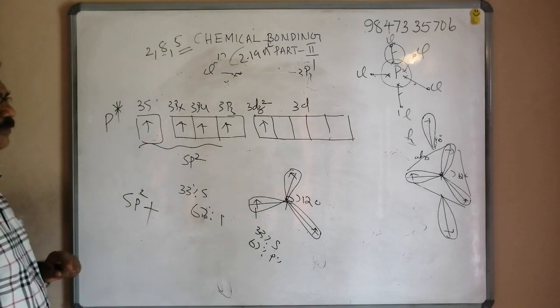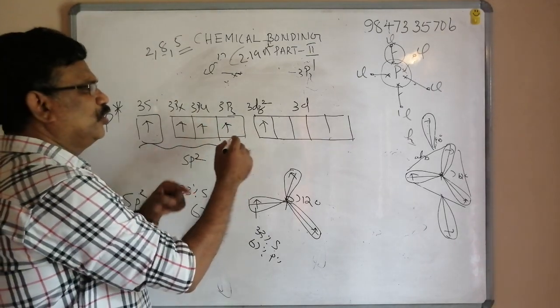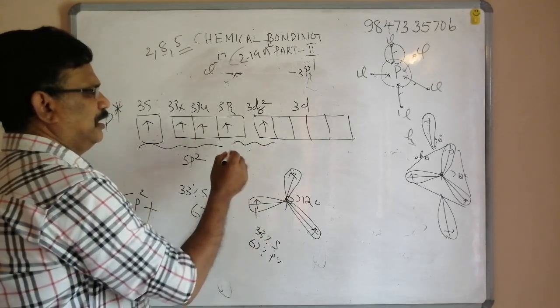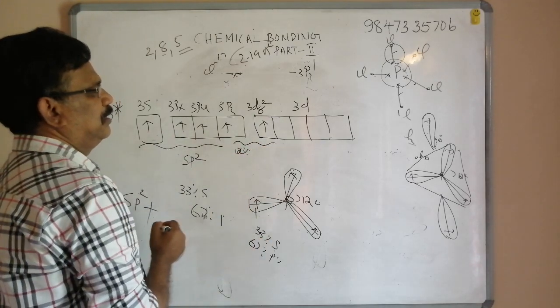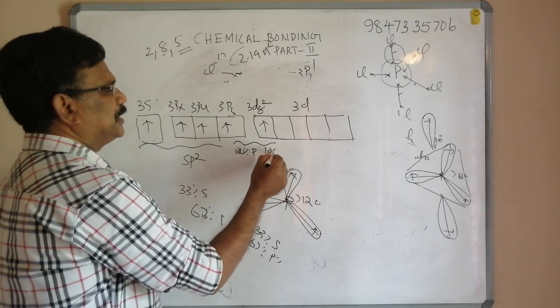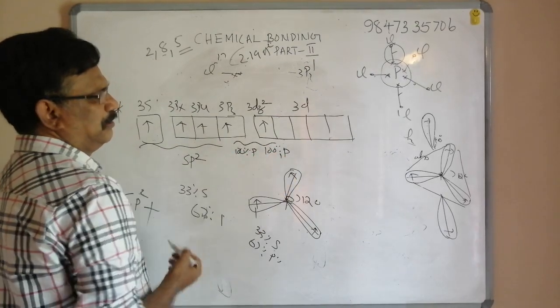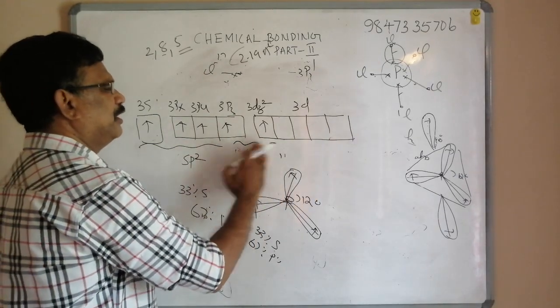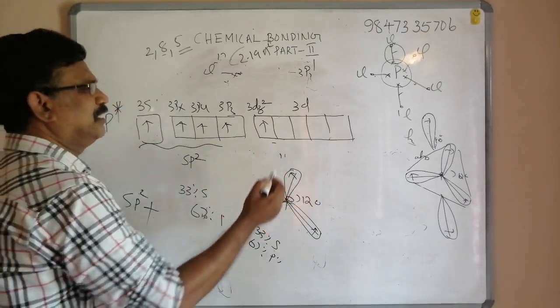Plus these 2 orbitals undergo mixing, 3pz and 3dz². 100% p, 100% dumbbell, no s character.